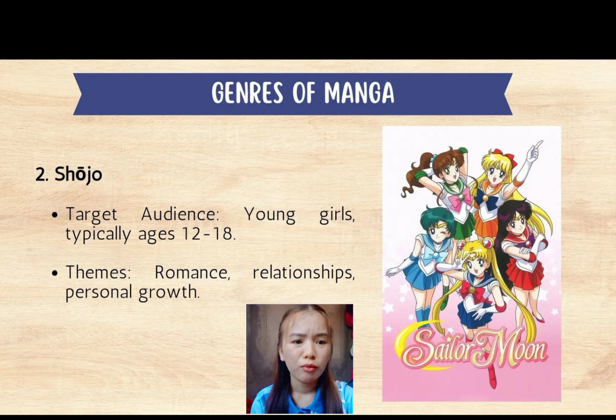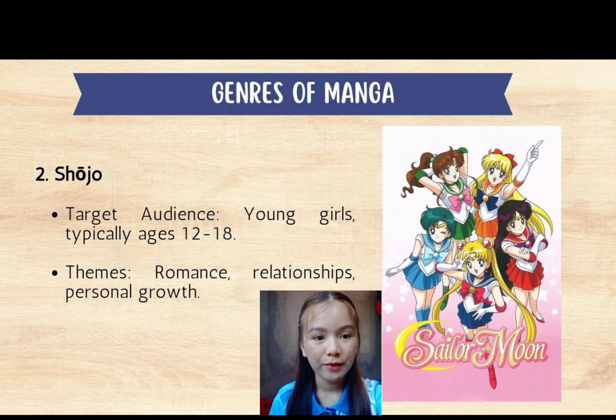A common example is Sailor Moon. All of us girls are familiar with Sailor Moon. Even me, that was my favorite when I was at that age. Other examples are Cardcaptor Sakura, Ouran High School Host Club, and Fruits Basket.